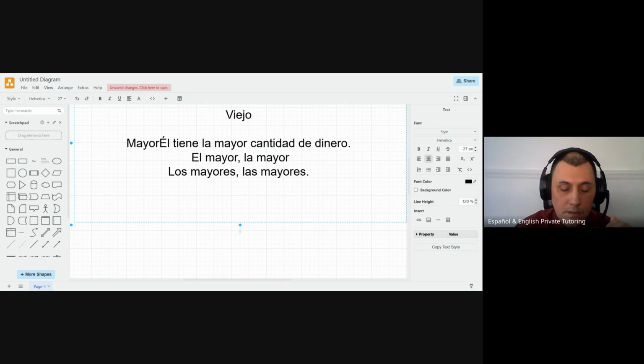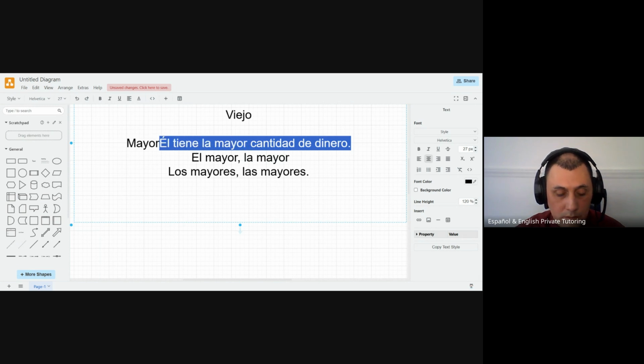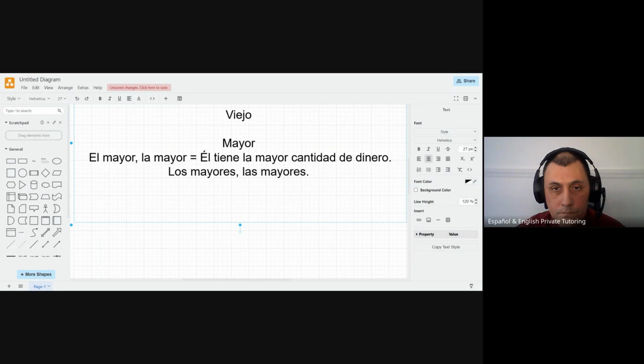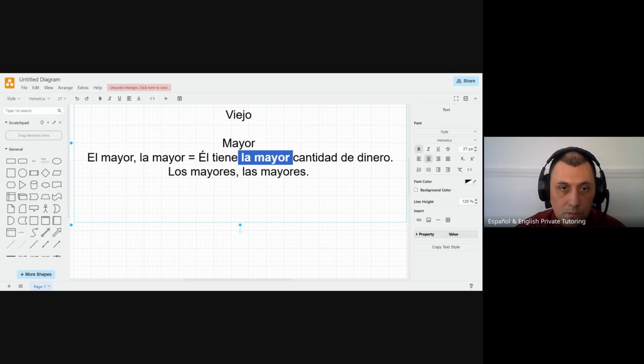So this example shouldn't be here. It should be under the superlative, so it should be here: la mayor.